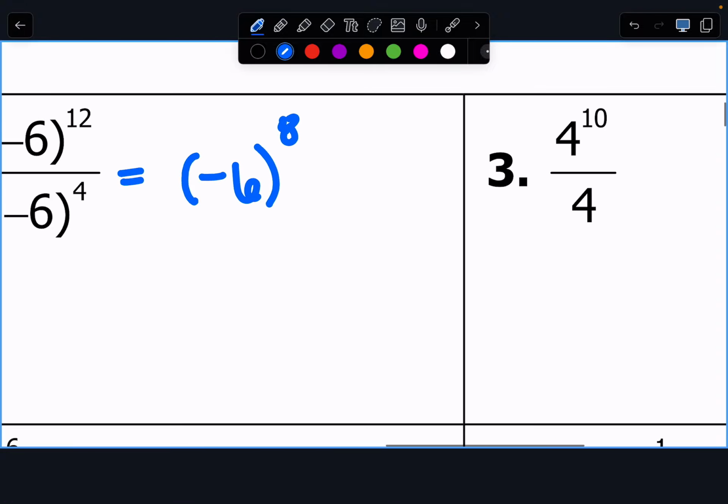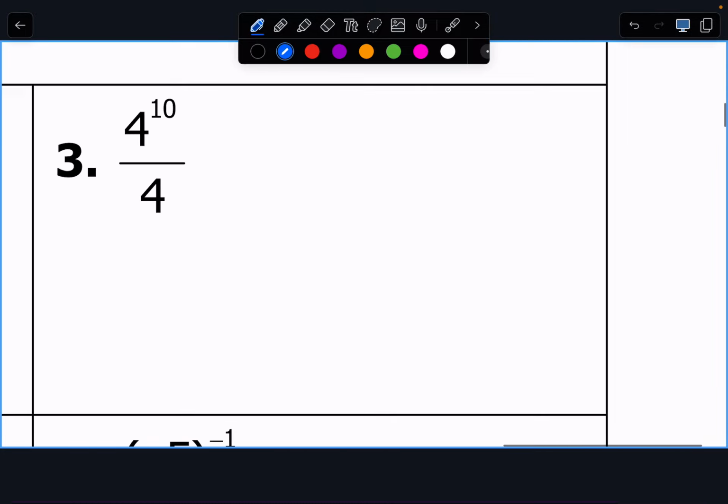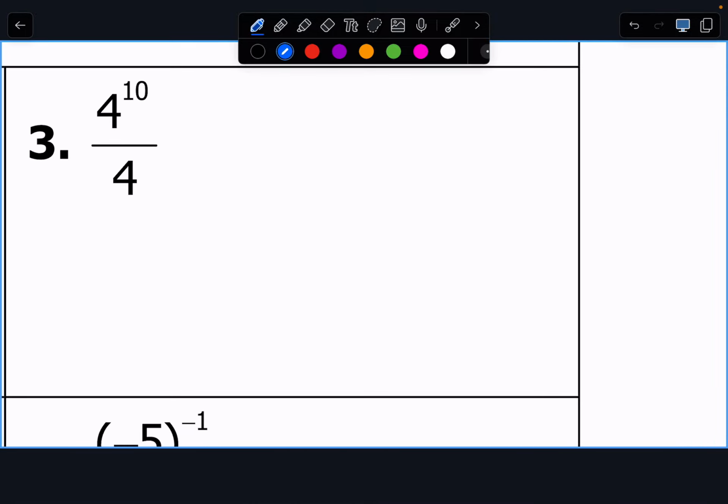On number 3, what do I subtract? If there's no exponent, there's an invisible 1 there. So we're dividing with the same base, and then we need to subtract our exponents. We are going to do number 4.